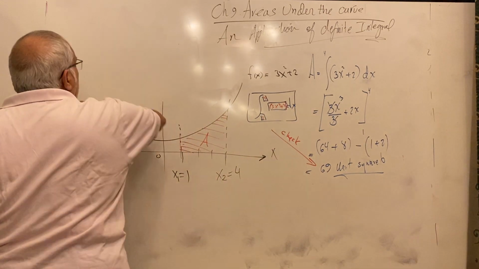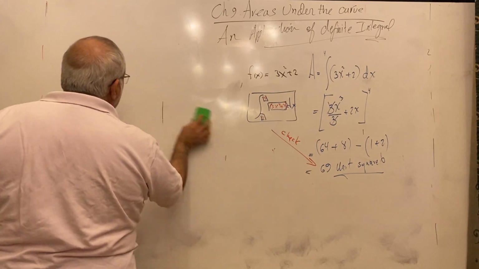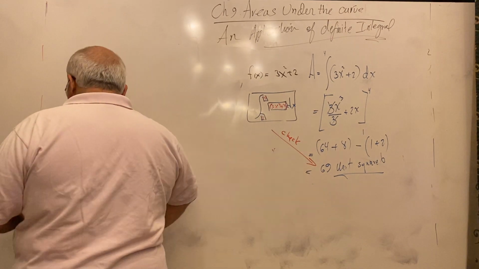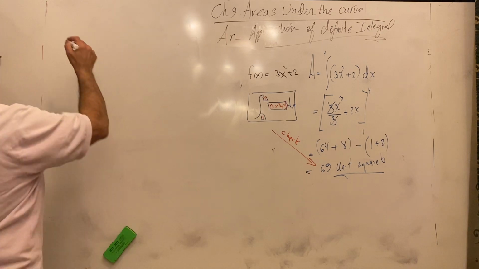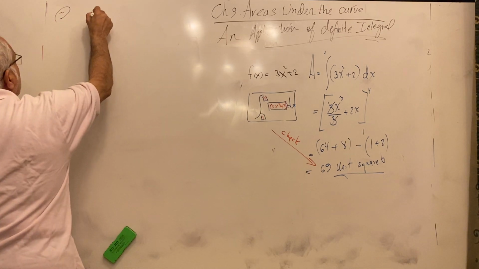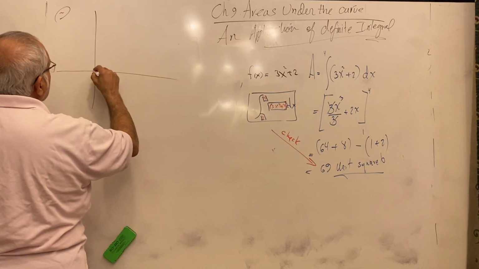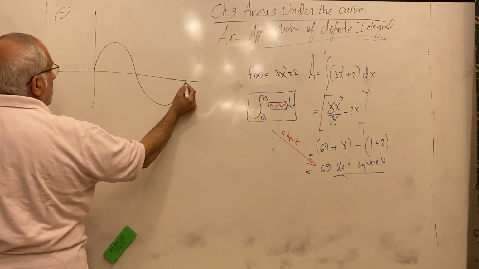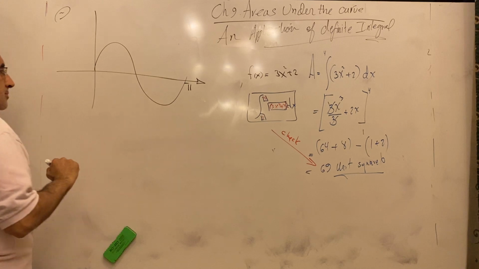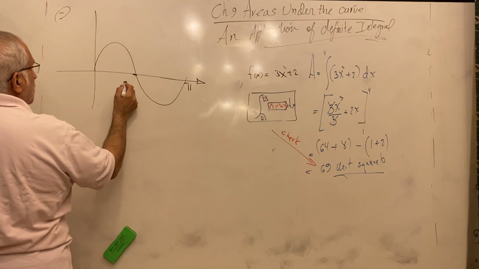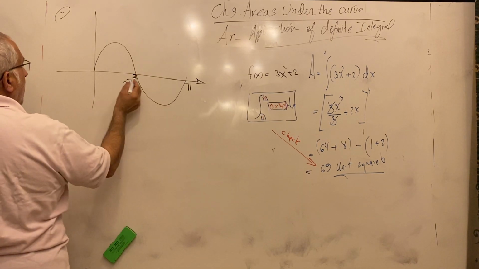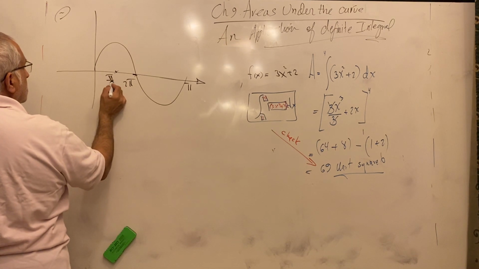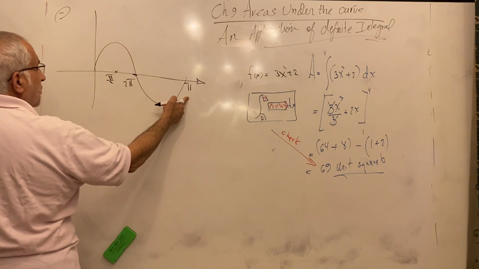Let's take another example. Let's change the subject into a trigonometric function. This is called sine function. It has a period of pi, and half of it is 2 pi. Half of the half, pi over 4, and 2 pi plus 1 pi, 3 pi.